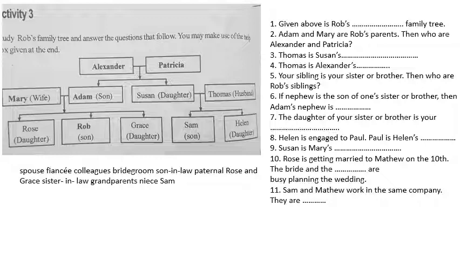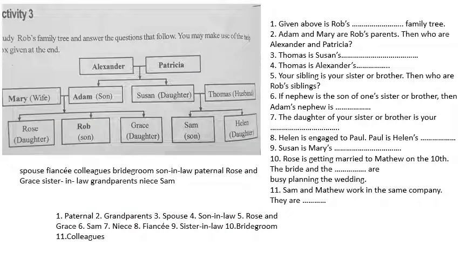So look at activity 3 in the textbook, page number 12. They have given you a family tree. The parents are Alexander and Patricia. They have 2 daughters, Adam and Susan. Adam's wife is Mary. Susan's husband is Thomas. Adam and Mary have 3 kids, Rose, Rob, and Grace.